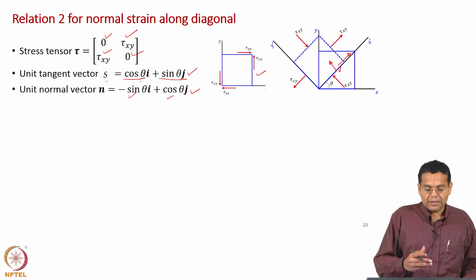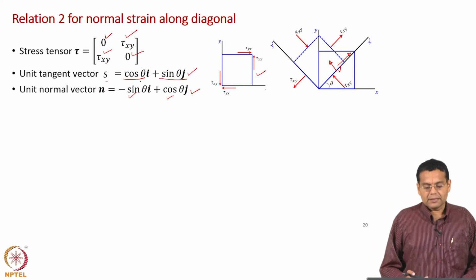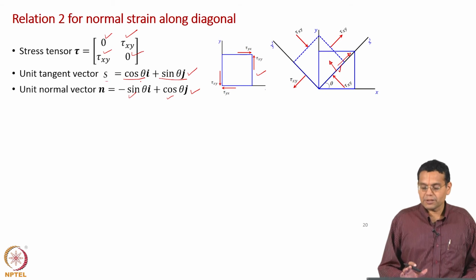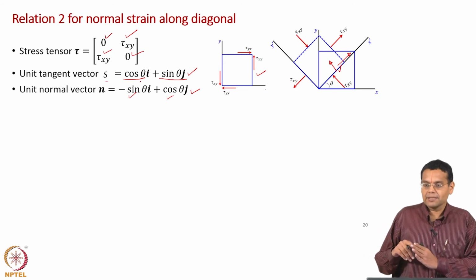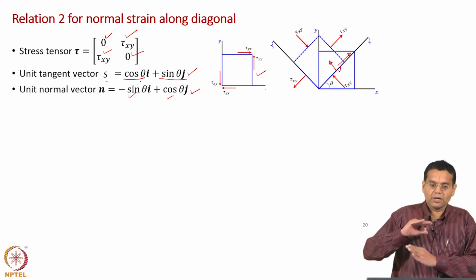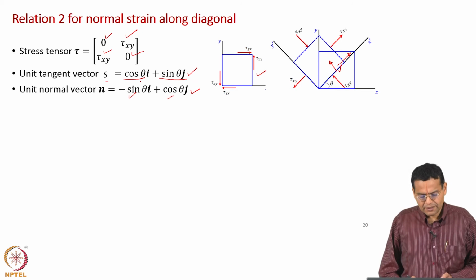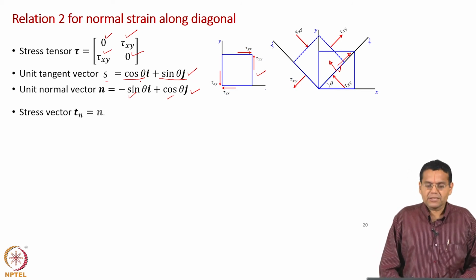Okay. So, we know that the normal vector should be perpendicular to the tangent vector. So, what have we done? We have represented the condition of pure shear stress in terms of a stress tensor, considered the plane at an angle theta with the x axis, and wrote an expression for the tangent vector and an expression for the normal vector. Okay. Now, we will find the expression for the stress vector.